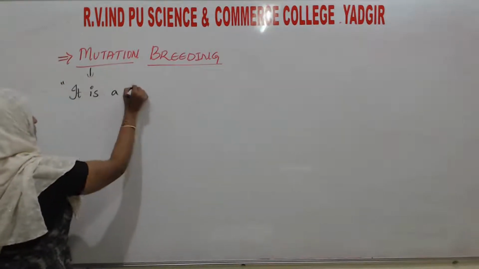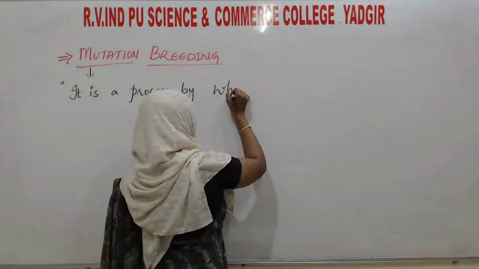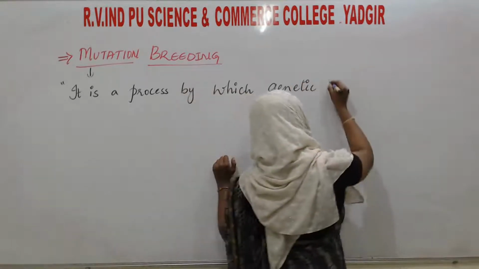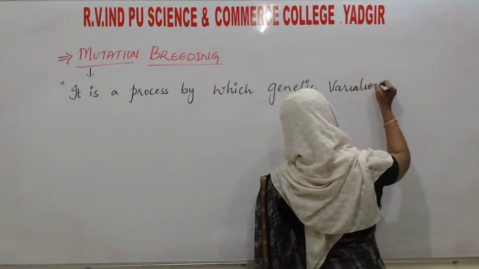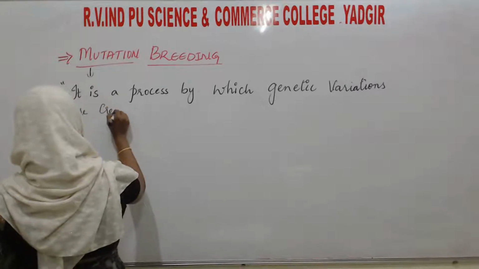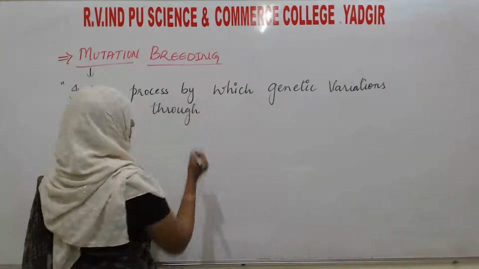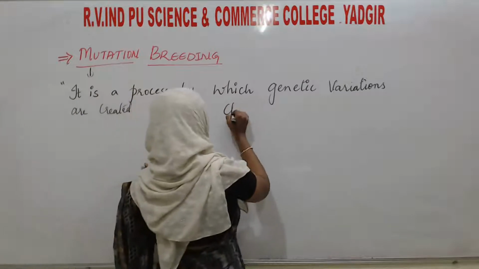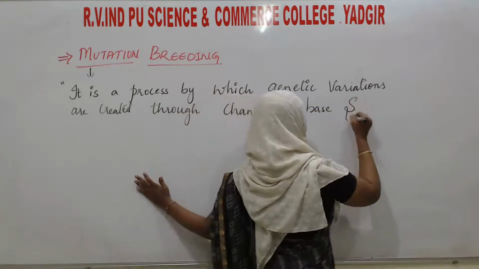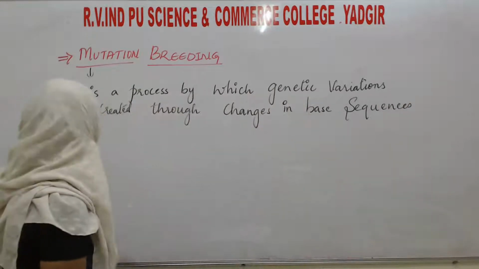It is a process by which genetic variations are created through changes in base sequences within the genes.